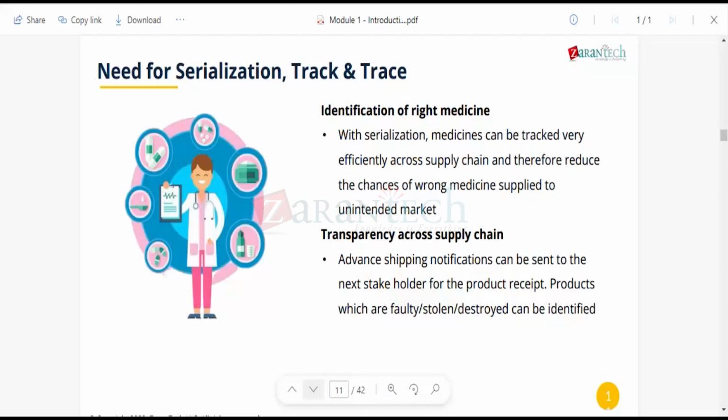Let's say the product goes to a warehouse, and it is deteriorated or manipulated, and then it moves to the next stakeholder. By tracking and tracing, we understand that this particular product was destroyed or manipulated at this particular facility or stakeholder in the supply chain. In this way, transparency is achieved. So these are some points that show the importance of serialization, track and trace.